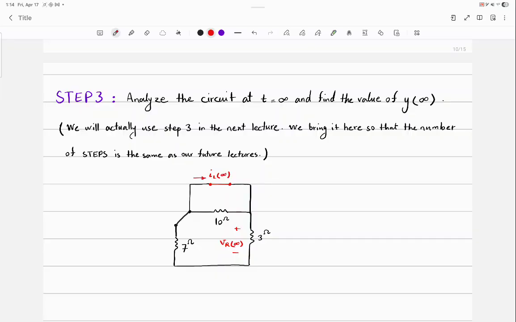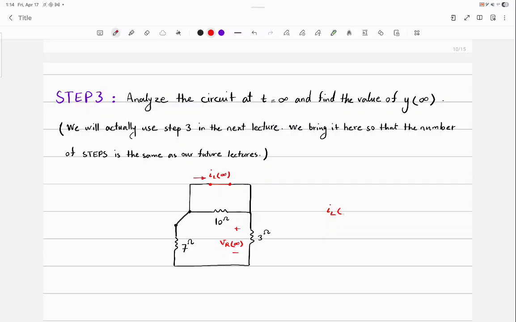Is there any change that you notice in the circuit? Nothing is changing at infinity because it has enough time, everything is settled, right? So you replace it by a piece of wire. So what is the value? 0. Yeah, why?